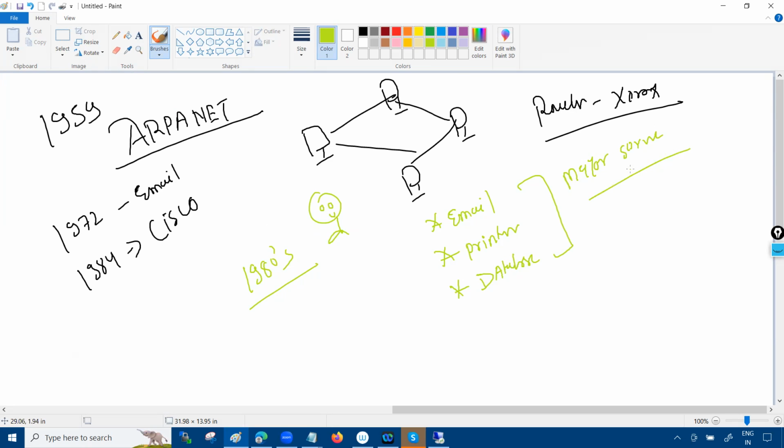What do you think, in the 90s, 80s time, just to maintain these services, what should be the requirement of the operating system? Of course, anything you are doing right now is done by the operating system. From your laptop to a mobile or router, every device has an operating system.